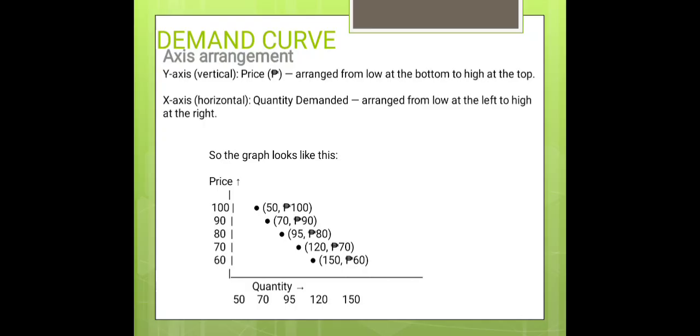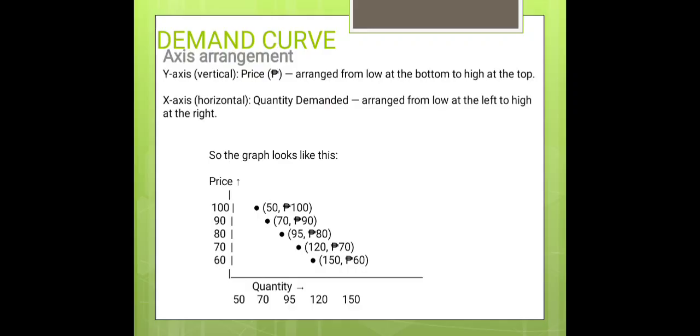So meaning to say, yung given sa demand schedule ng price should be arranged in the y-axis sa pricing, okay, from the lowest at the bottom sa pinakababa, yung pinakamaliit na number or pinakamababang presyo, ilalagay natin siya from the pinaka-bottom. Makikita nyo 60, we have the 70, the 80, 90, and the 100, okay?